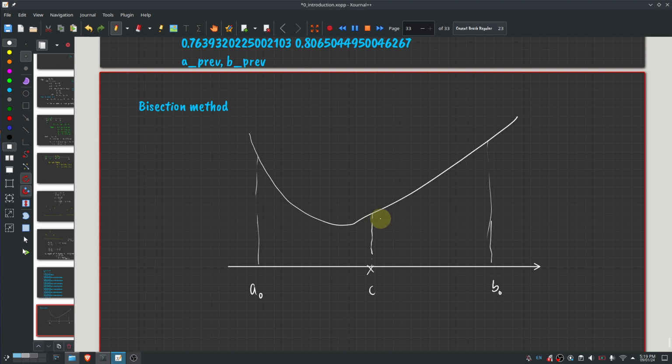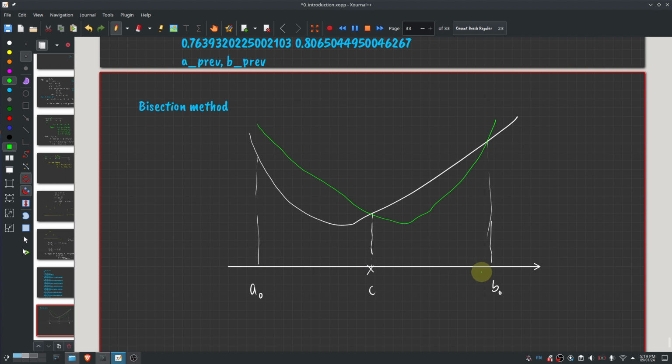It should be positive. And if the minimum lies to the right of C, maybe if it's like this, then the derivative should be negative, right? So that gives us a natural algorithm, right?